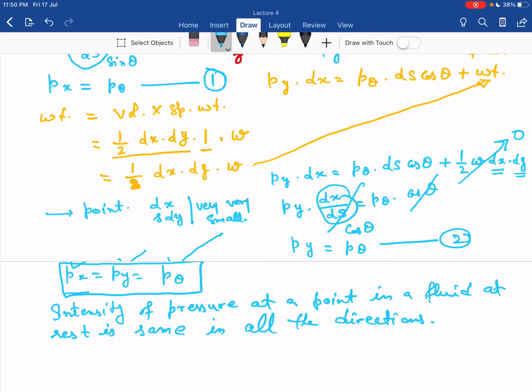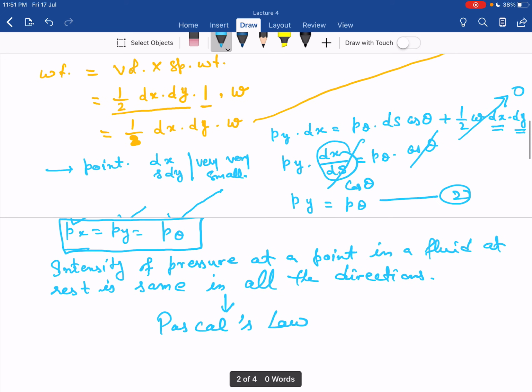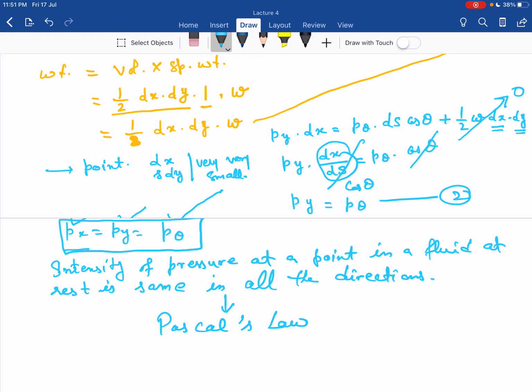That is our Pascal's law. This is the statement of Pascal's law. So Pascal's law states that Px equal to Py equal to P theta. That means the intensity of pressure at a point in a fluid at rest is same in all the directions. So this is the first basic law of fluid mechanics, fluid mechanics for fluid statics, so fluid at rest.